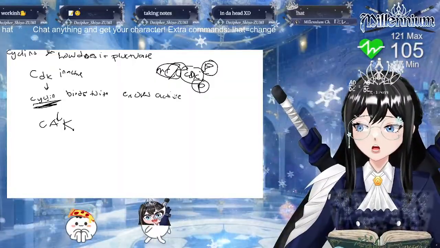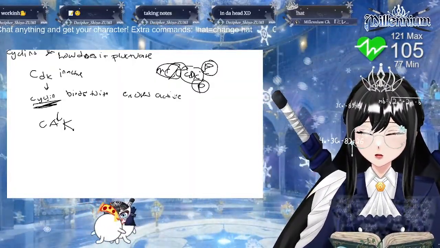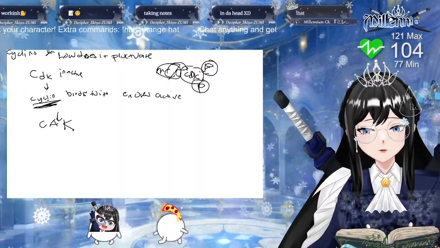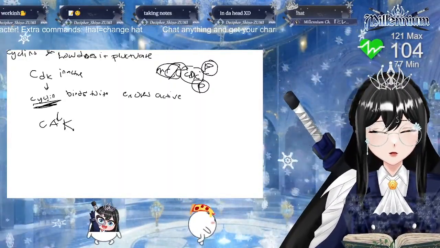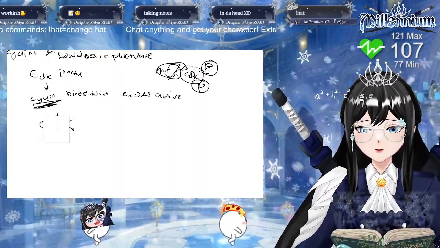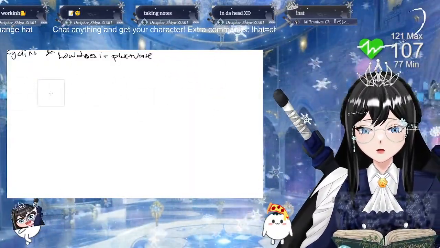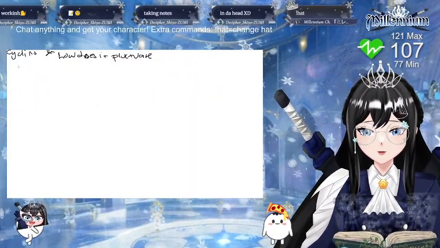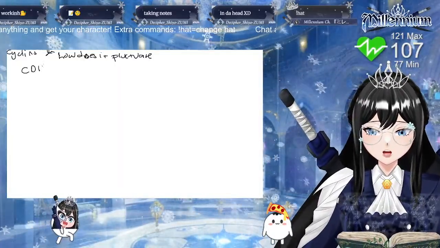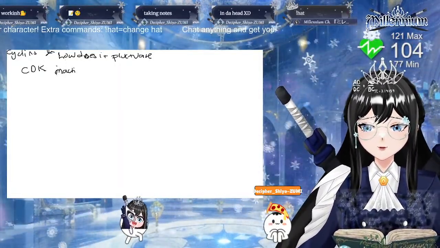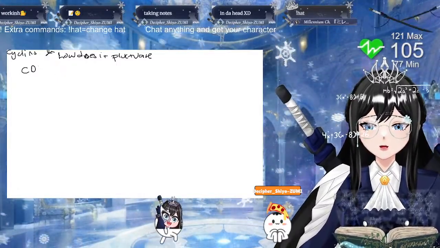So what are the specific types of cyclins? I'll write that again. CDK inactive state. Can I actually just do the backspace?